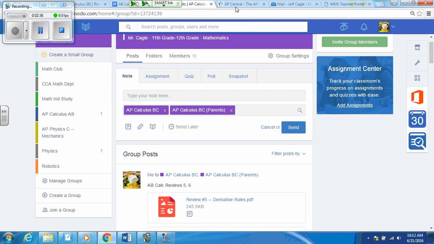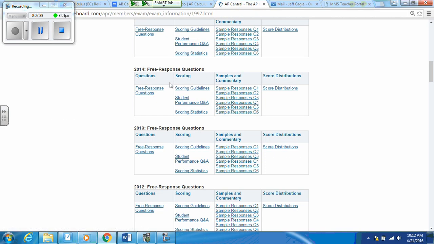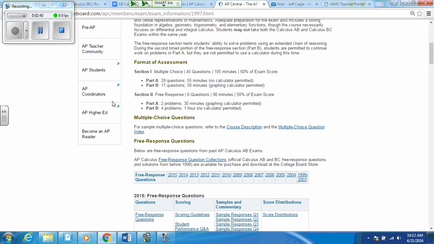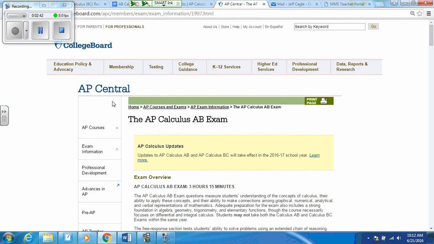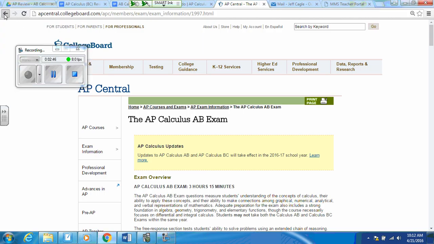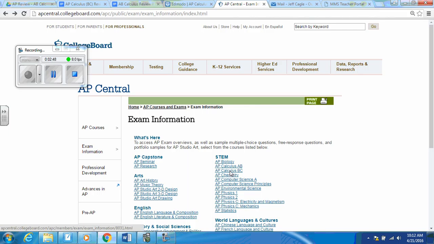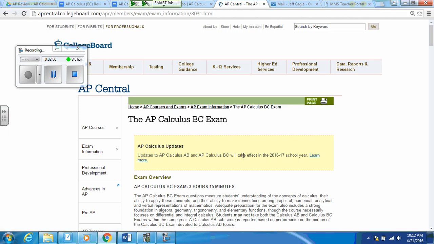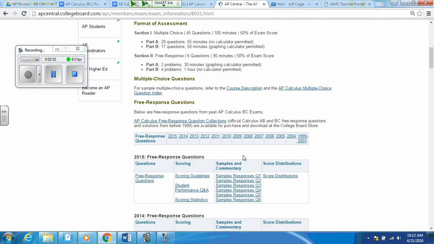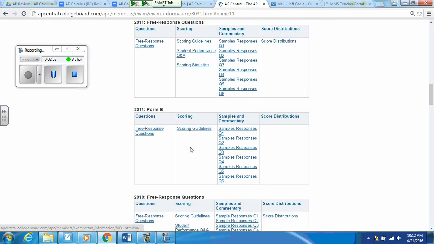They scored this like so. Let me make sure I'm on the right page. Nope. We need to be on the Calc BC page here. Well, that's exciting.